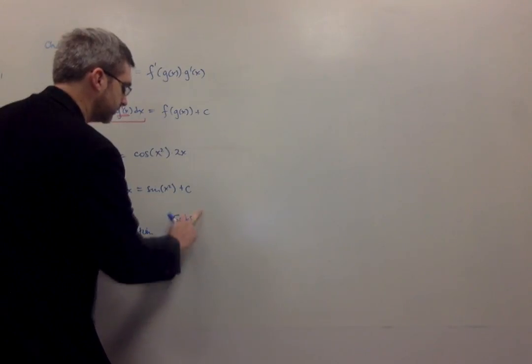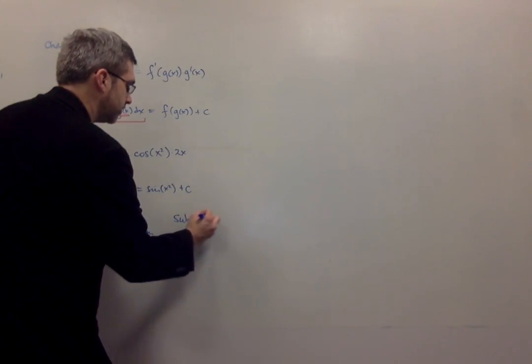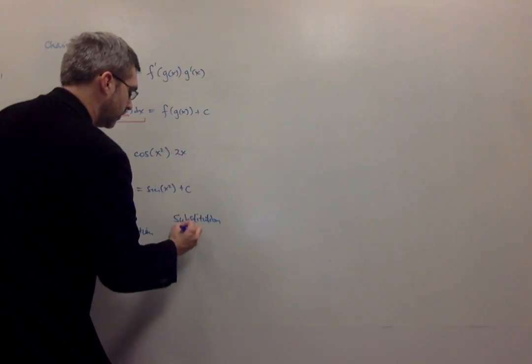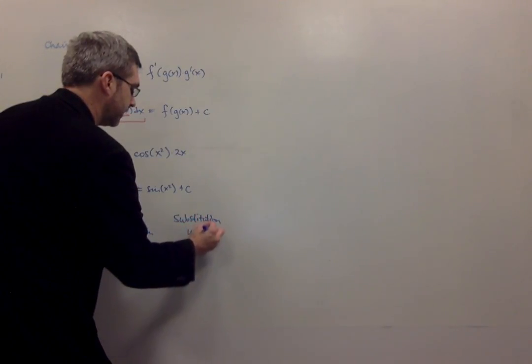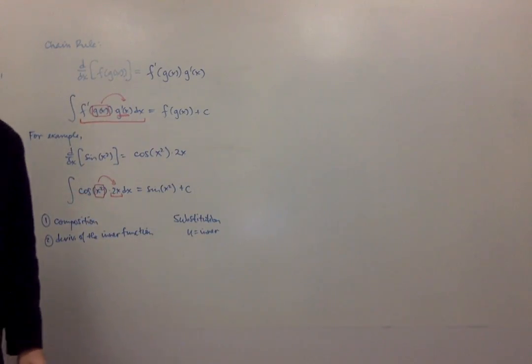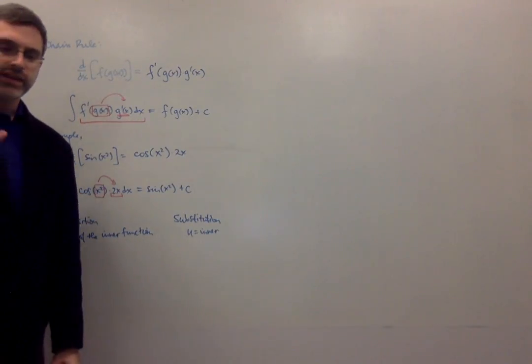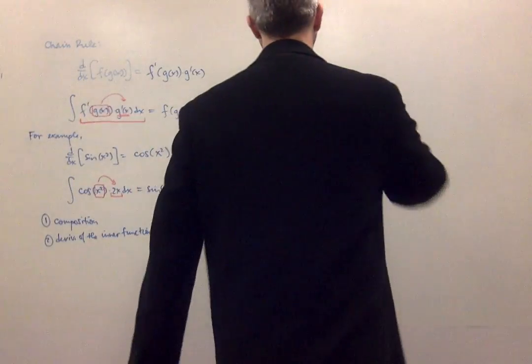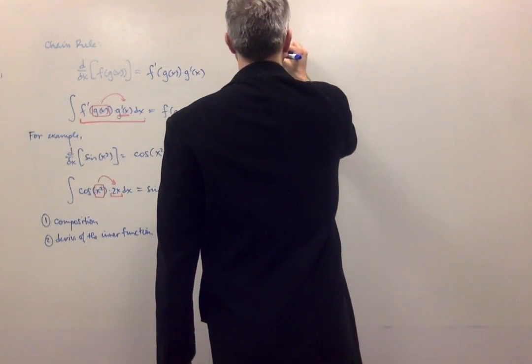So we're going to do a substitution where we let u equal whatever the inner function is that we're looking at. So in this case, for example, u would equal x squared. So let's take a look at some examples to see how this works, okay?